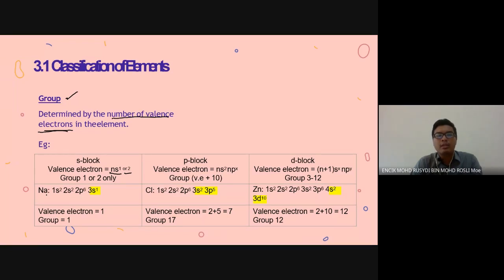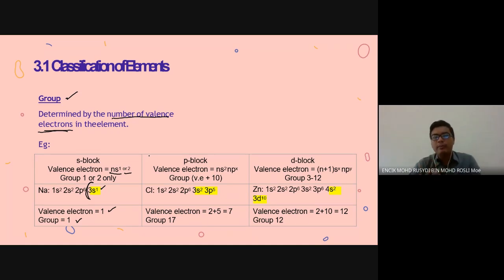So for example here kita ada sodium. So the outermost electron ataupun the valence electron is located in 3s orbital dan kita ada 1 elektron kat sini. That's why valence electron dia 1 and then dia punya group dia adalah group 1. Okay. So for S block kita tengok macam tu.